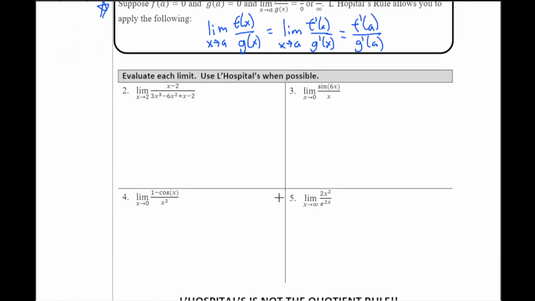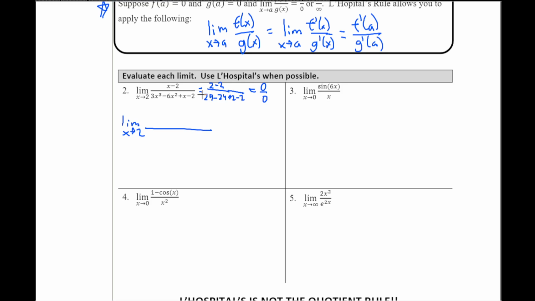Here are some example problems. Evaluate each limit and use L'Hopital's rule whenever possible. So here, if you plug in the 2, you get 2 minus 2 over 2 cubed, which is 8, times 3 is 24, minus 24, plus 2 minus 2. And that gets you a 0 over 0. So we can use L'Hopital's rule. We can rewrite this as the limit as x approaches 2.